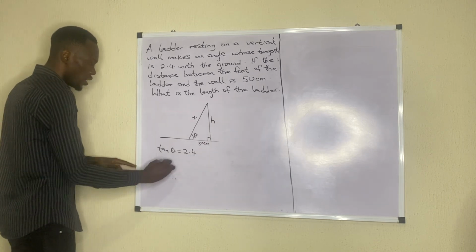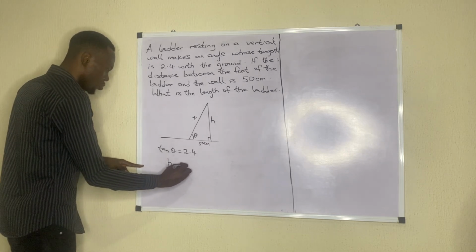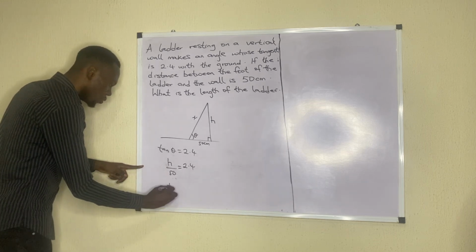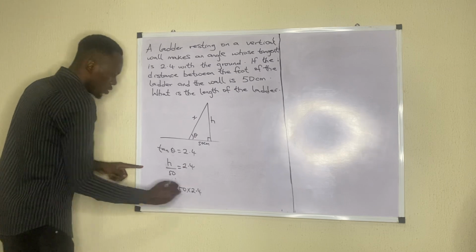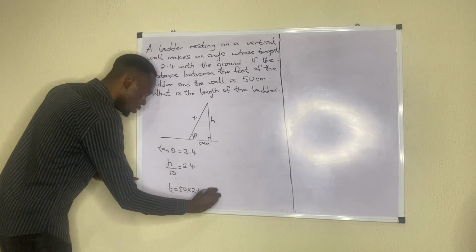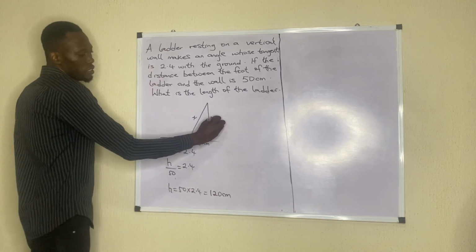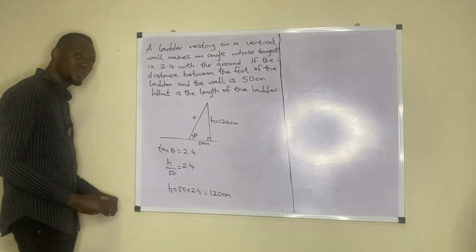So opposite over adjacent means h over 50 will be equal to 2.4. Making h the subject of the formula, h will be equal to 50 times 2.4, which should give me 120 centimeter. So the height of this wall is 120 centimeter, right?